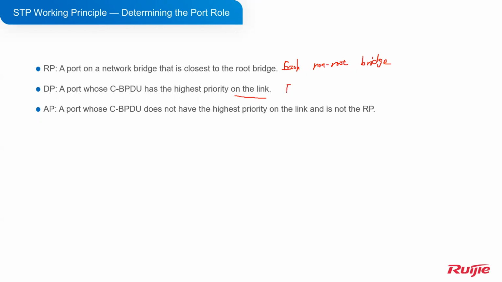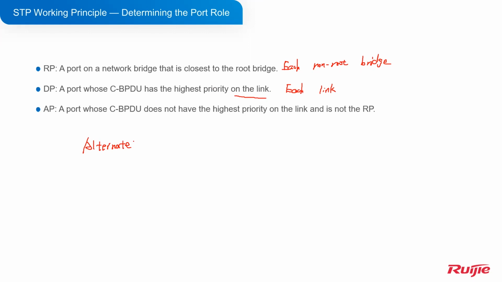From here, we know that each link should have 1 designated port, 1 DP. And AP stands for alternate port. An alternate port is a port whose BPDU does not have the highest priority on the link and is not the RP.